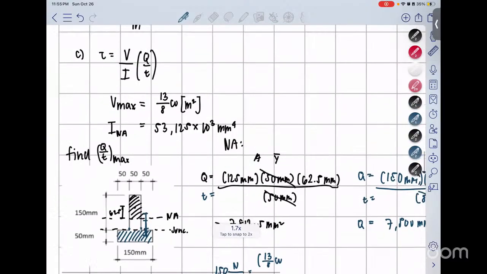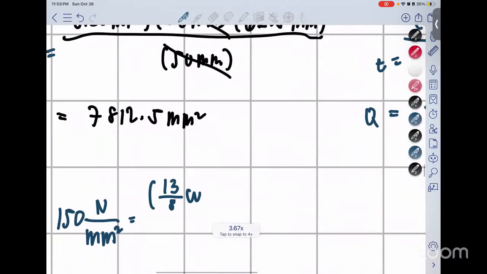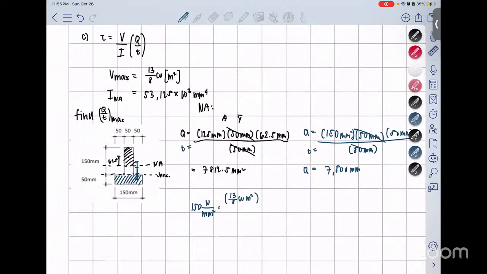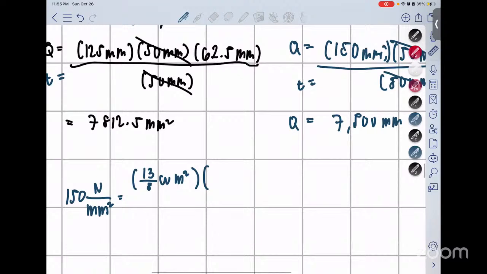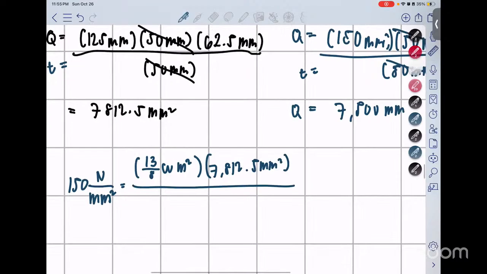May dala yung units, meter squared, from the previous calculations. And then this is 7,812.5 millimeter squared over 53,125, 10 to the third millimeters to the fourth.